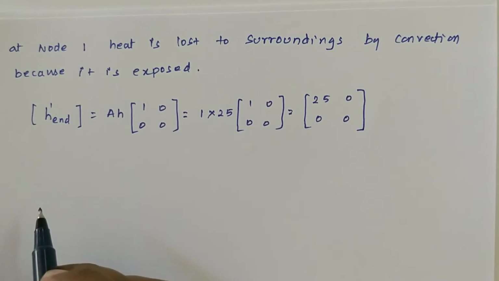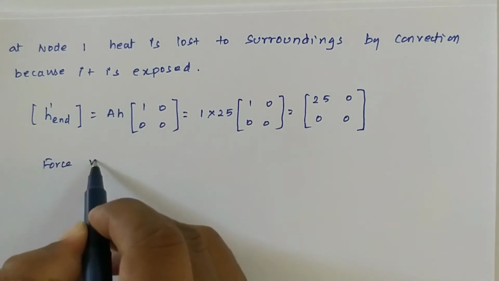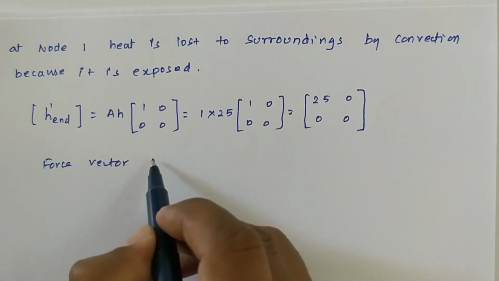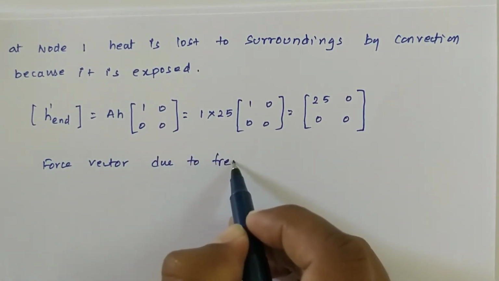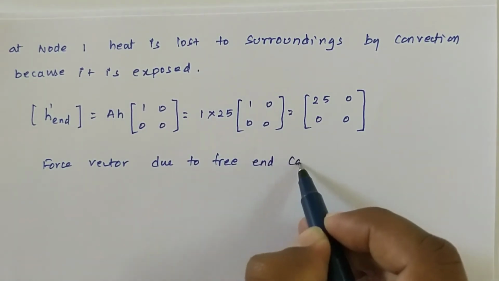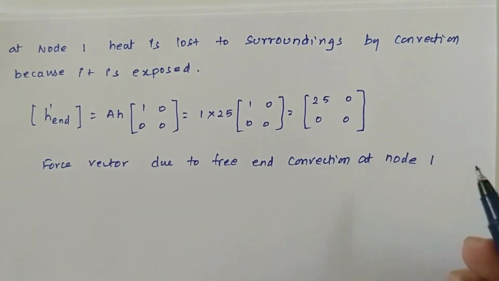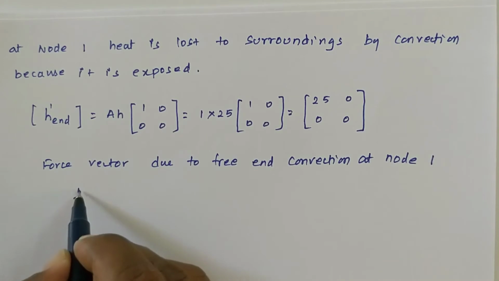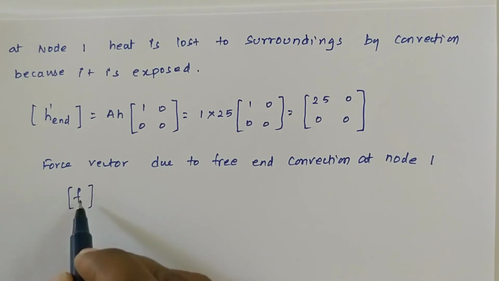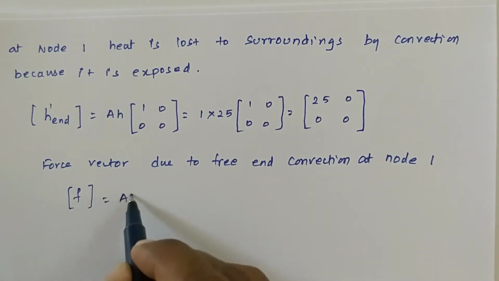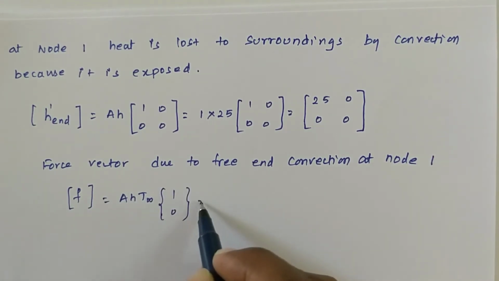Now let us find the force vector at node 1, the force vector due to free end convection at node 1. It can be written like this: A into H into T infinity, with the matrix [1 0] used to find the force vector.